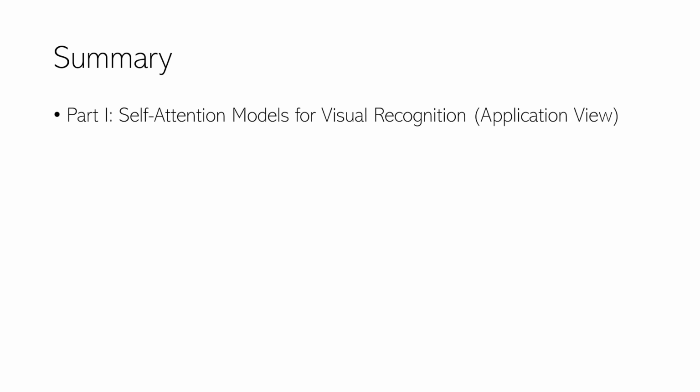To summarize, this tutorial reviews both the application and modeling views of applying self-attention modules for visual recognition. We first introduce the application view, where there have been a lot of works applying the self-attention modules to various visual applications, mainly to model the pixel-to-pixel, object-to-pixel, and object-to-object relationships.